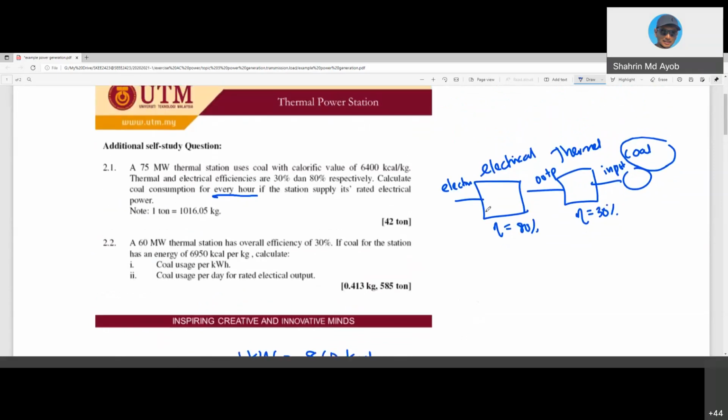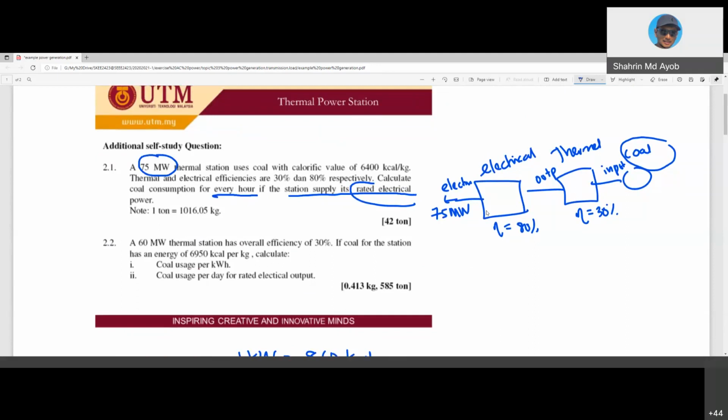Now, this station is supplied at its rated electrical power. Its rated electrical power means that it produces 75 megawatt.